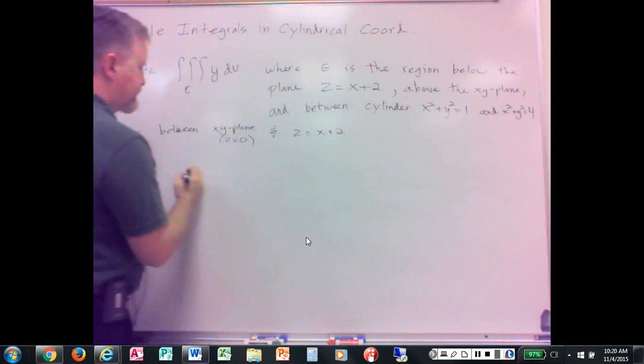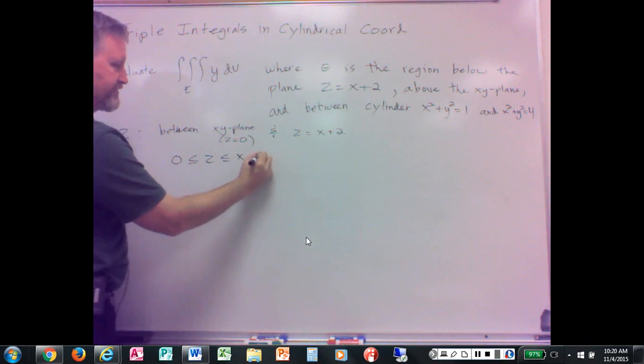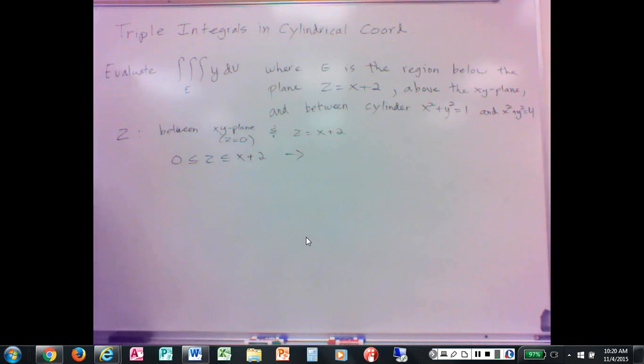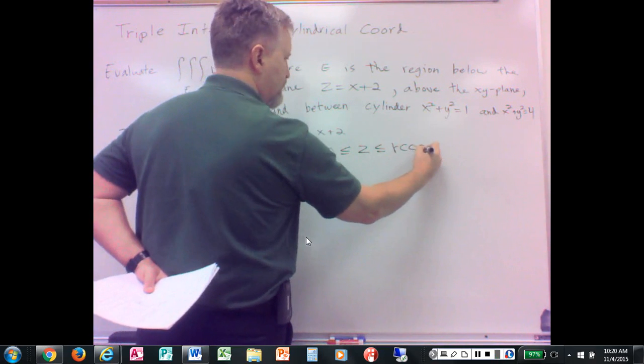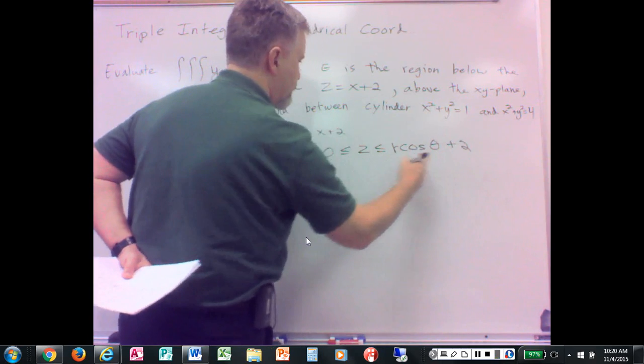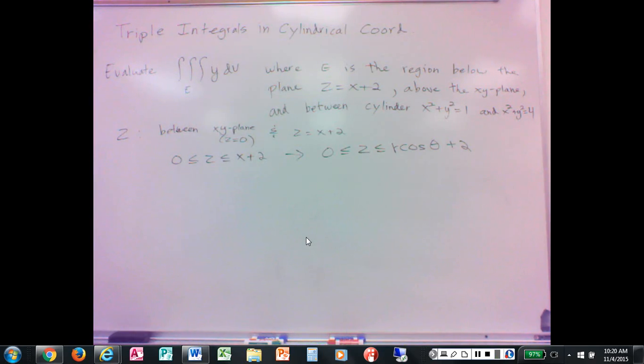If we just write it in rectangular terms, it'd be 0 to x plus 2. Well, what would that be in cylindrical? Just x is r cosine theta, so z would be r cosine theta plus 2. z is between 0 and that. That's not too bad. That would be the first limits.